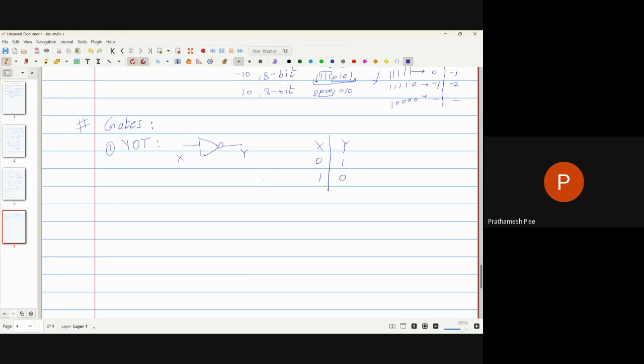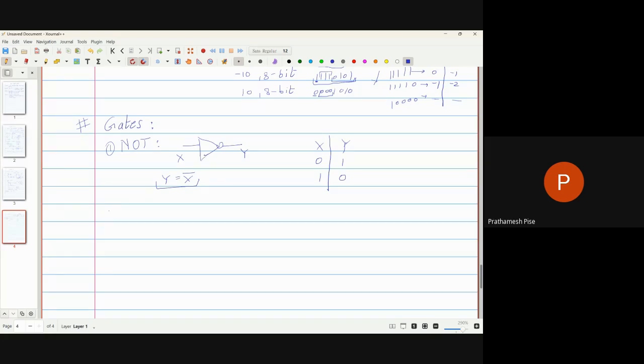How is it represented in Boolean algebra? y is equal to x bar, where y is the output. So this is the Boolean expression for the basic NOT gate.